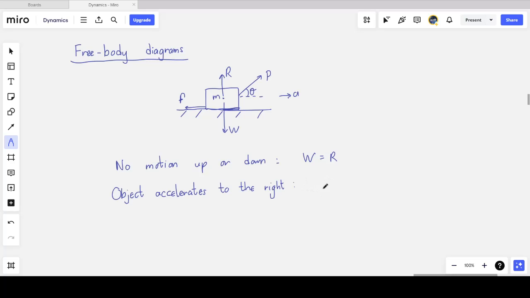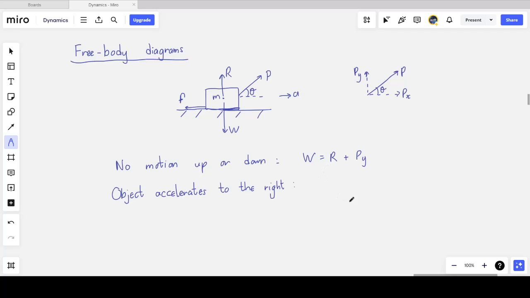So if I consider this box being pulled up and to the right by P, actually what I should say here is W is equal to R plus Py, the y component of P. So this vector P has a y component and an x component.